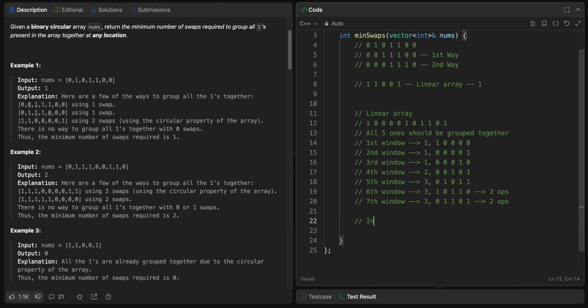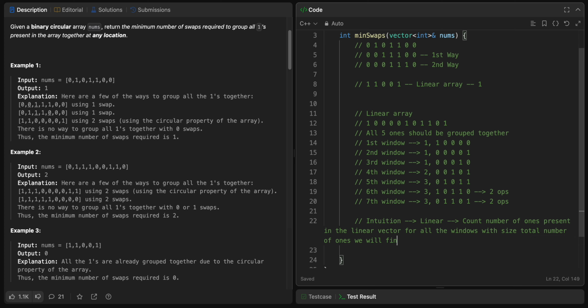So let me write the intuition. If it's a linear array, count the number of ones present in the linear vector for all the windows with size total number of ones.